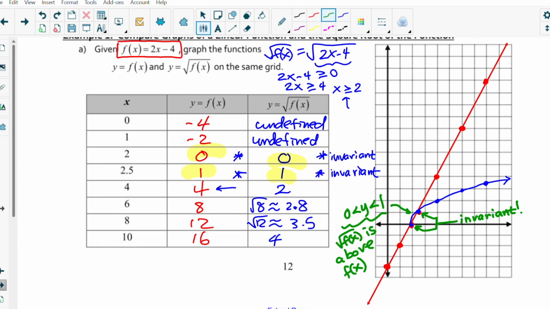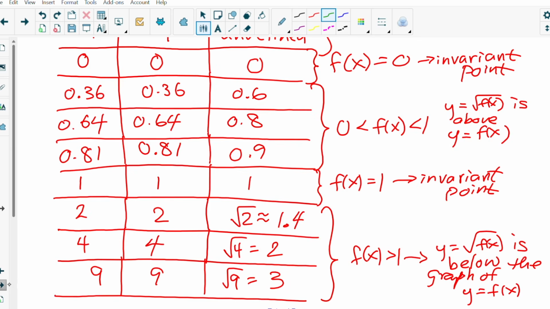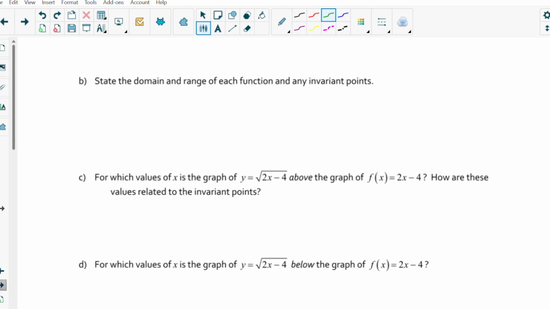Next page. Let's answer some questions about the two graphs. State the domain and range of each function and any invariant point. So y equals f of x. The domain is x such that x is an element of all real numbers.